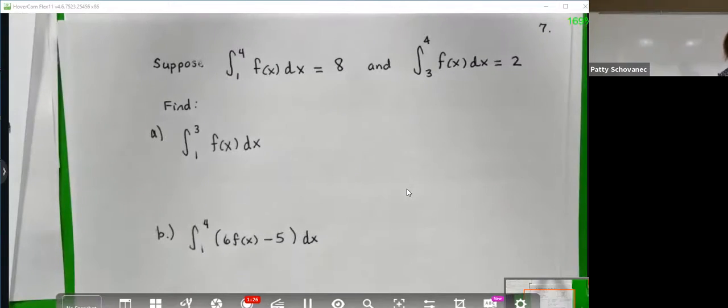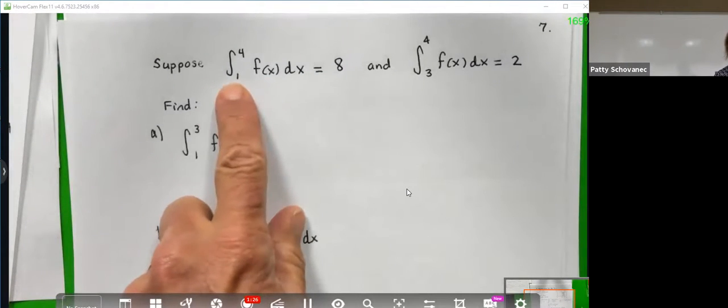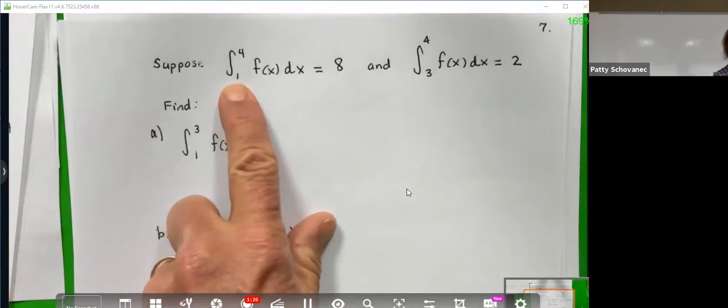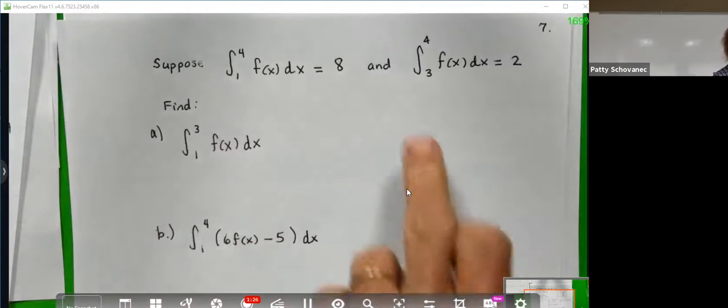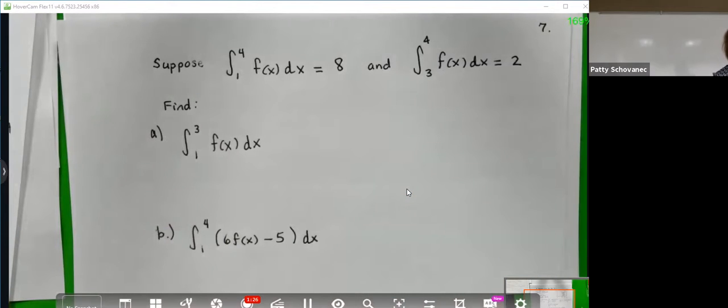Don't know what the function is. Right now, you can't even see the function. There it is. It's some function that when you find the antiderivative from 1 to 4, you get 8. And when you find the integral from 3 to 4, you get 2. Without knowing the function, can you find the integral from 1 to 3?